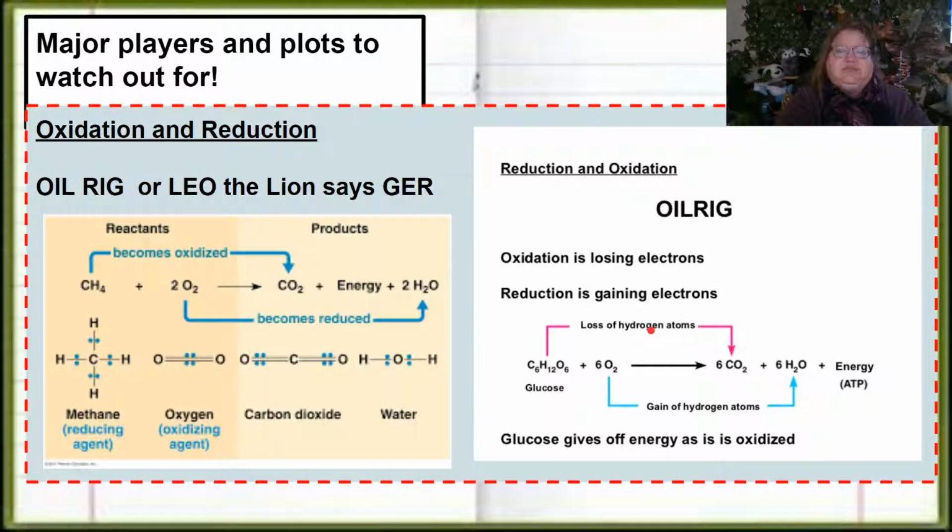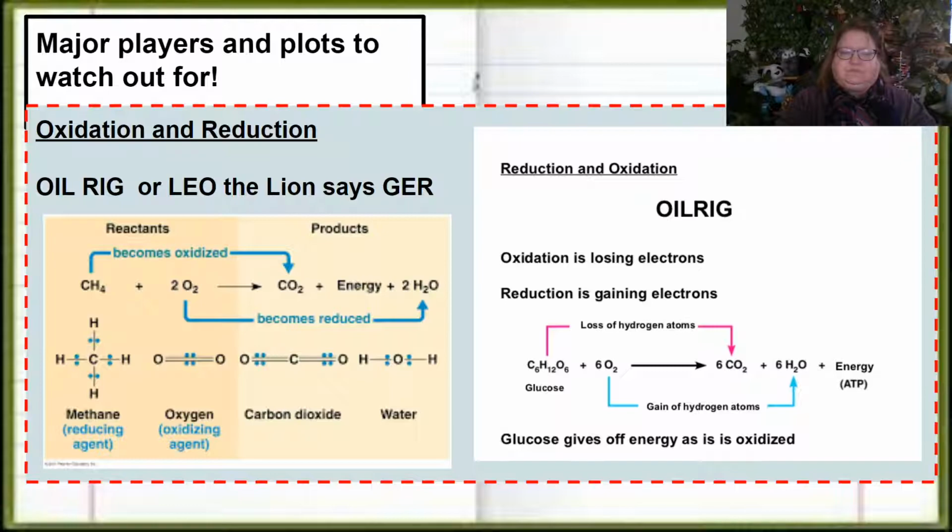So oxidation is when we lose electrons, and usually that means we're also losing hydrogens. They're a pair. Every time we lose electrons, think we're losing a hydrogen. And then reduction is gaining electrons. And that's going to be the big mover and shaker in terms of what's happening in our electron little play here, if you would.